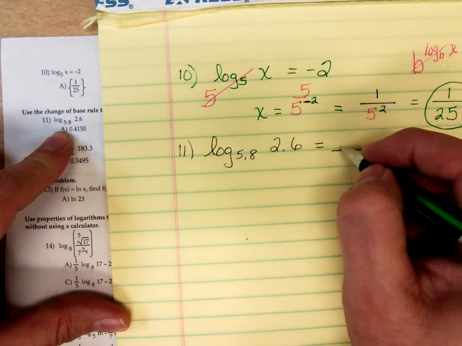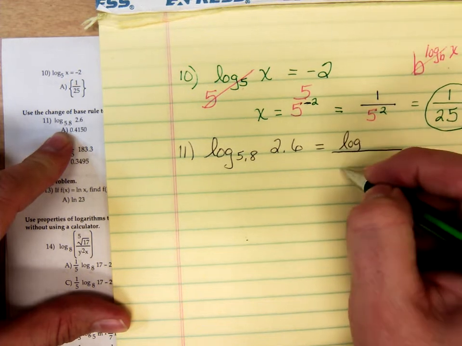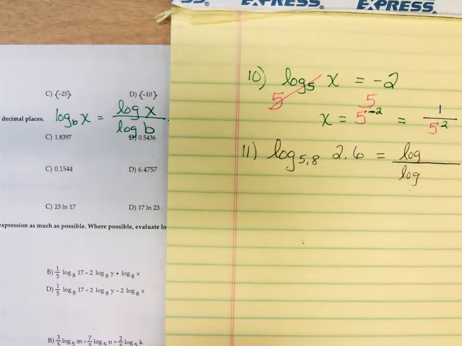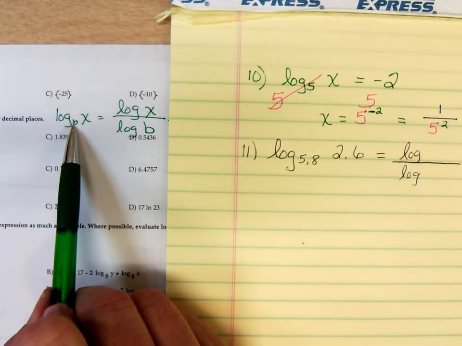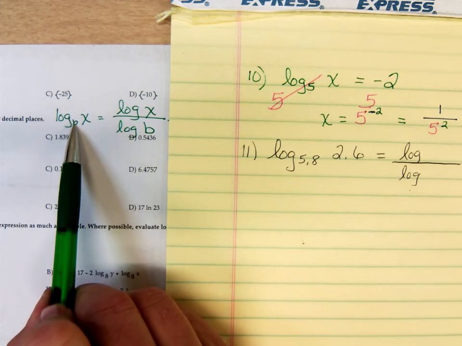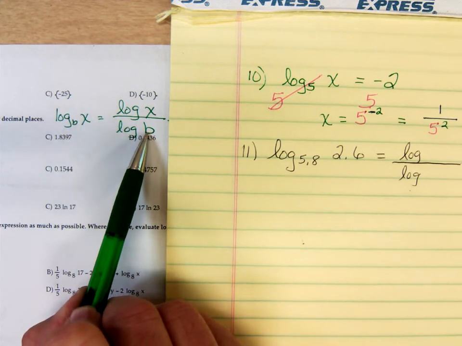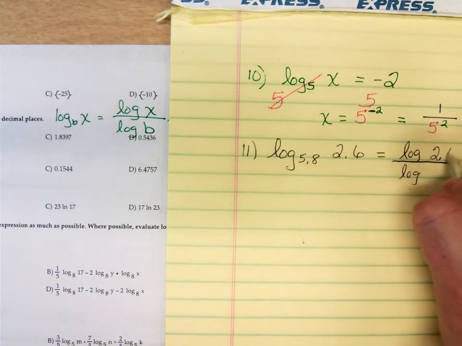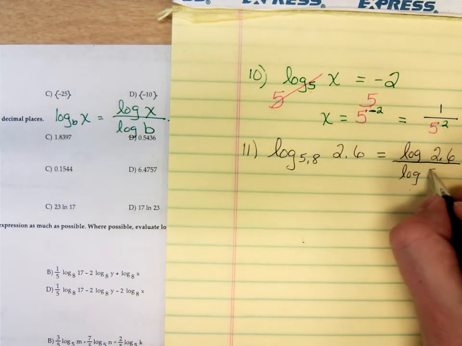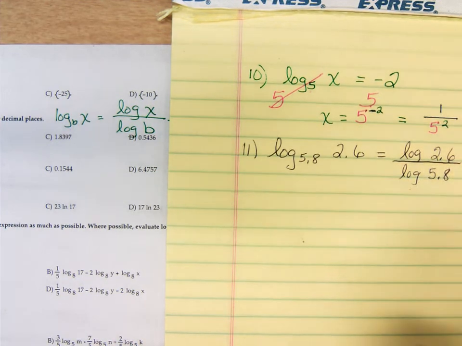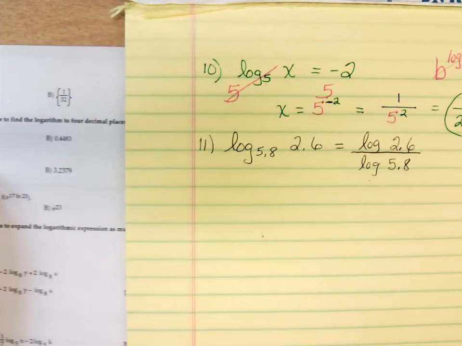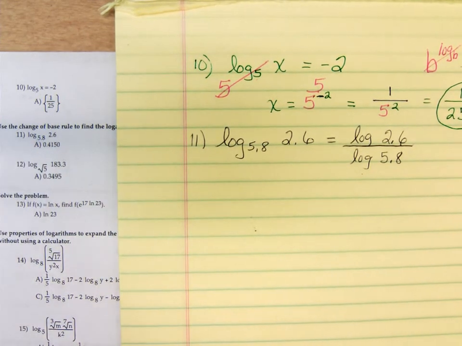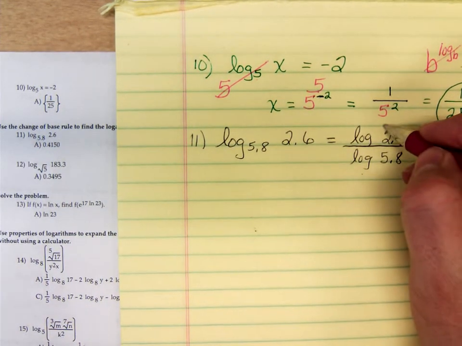I'm going to use just the LOG. Change of base. You've got to remember that the subscript is the number you put on the bottom. The number that's written lower is the one that goes down. So it'll be log 2.6 over log 5.8.